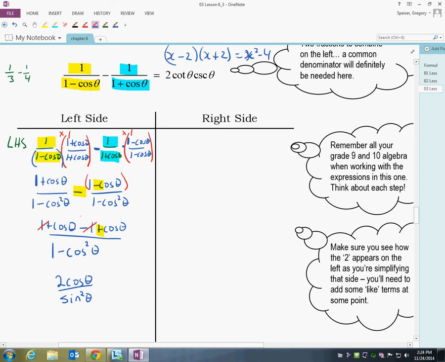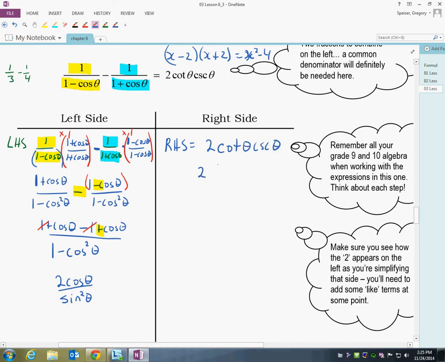Okay, now I've simplified the left-hand side as much as I can. So maybe it's time to take a look at the right-hand side. It's going to be equal to 2. Oh, now that's where the 2 came from, right? It looks like it's going to work: 2 times the cotan of theta times the cosecant of theta.